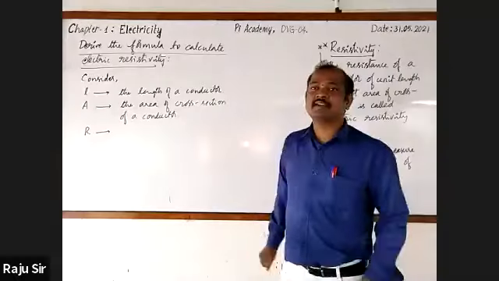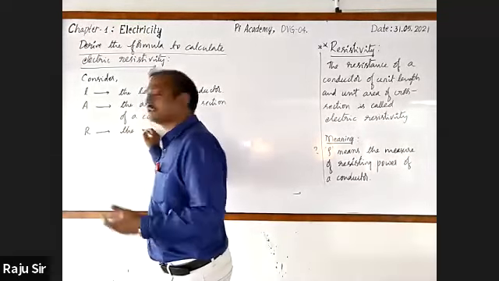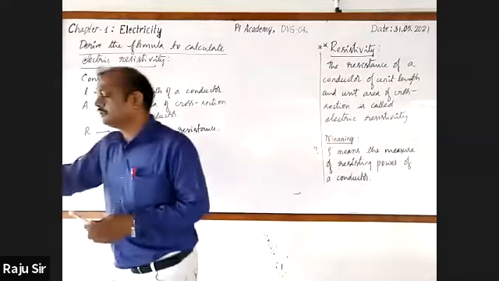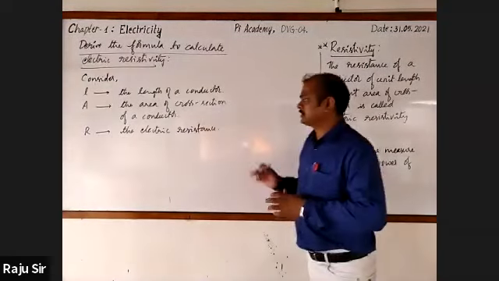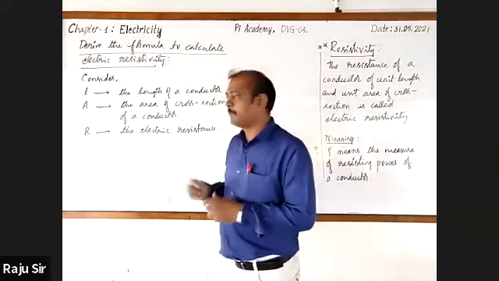Electric resistance. Very good. R is the electric resistance of a conductor. Just write: R is the electric resistance. Hope that you have written.